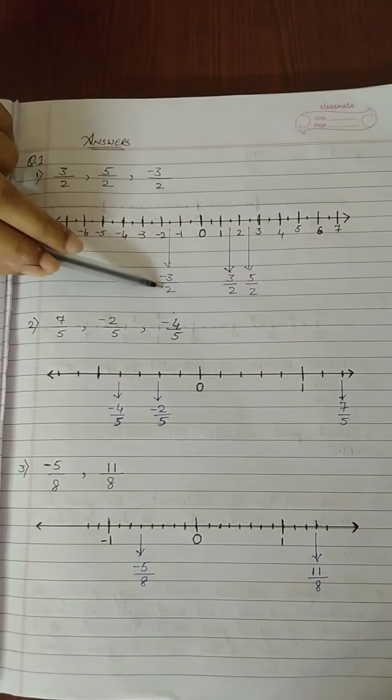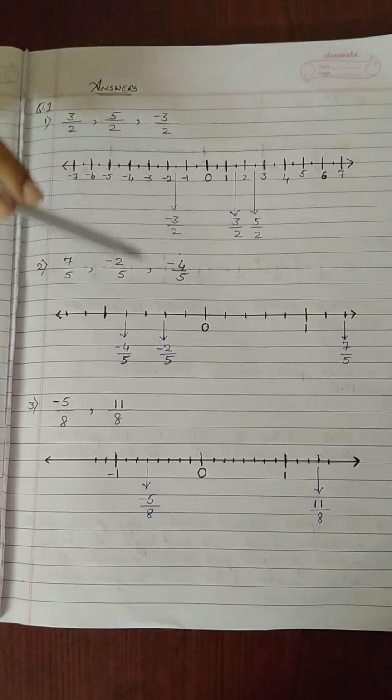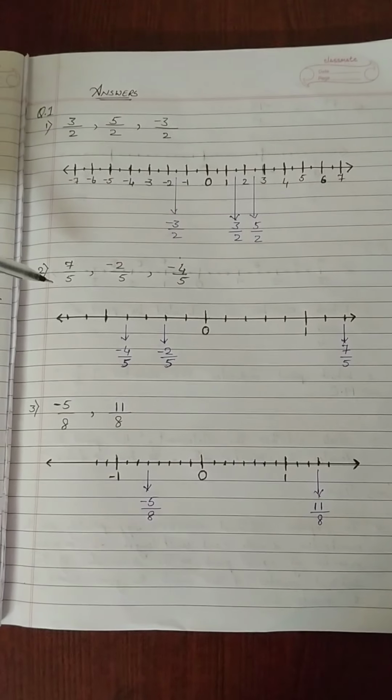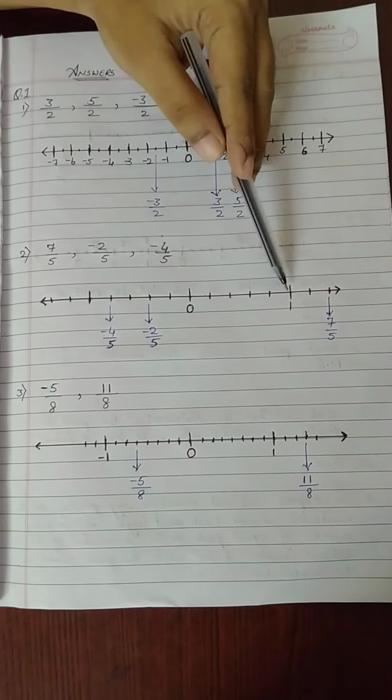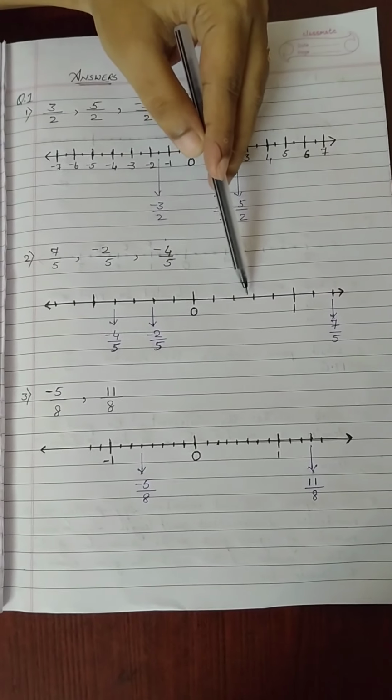We have to find 7 upon 5, minus 2 upon 5, minus 4 upon 5. So here the denominator is 5. As we know, the number line is divided as per the denominator. So after 0, 1, 2, 3, 4, 5. So 5 upon 5 is 1, correct? So it is 5 equal parts.